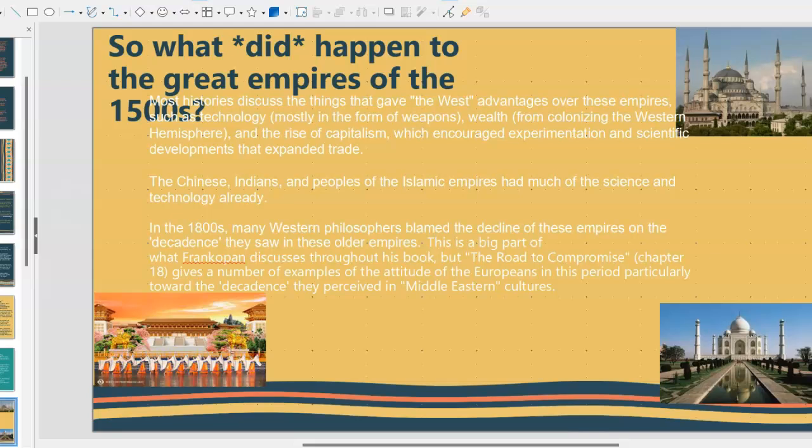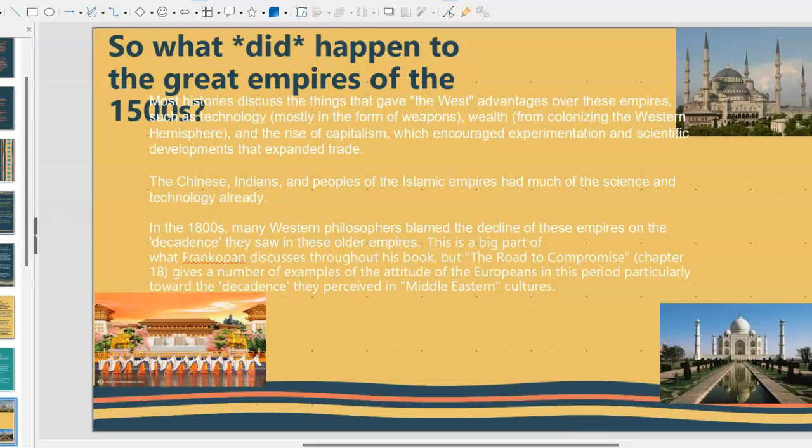The Europeans, in turn, use this with the rise of capitalism, which, again, as Frankopan or Harari talks about, encouraged experimentation, scientific development, scientific revolution, and then the Enlightenment, and from that, this continued technological growth, like Industrialization 2.0.